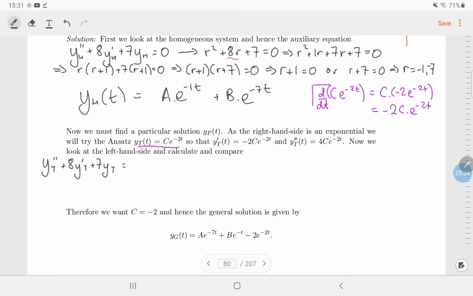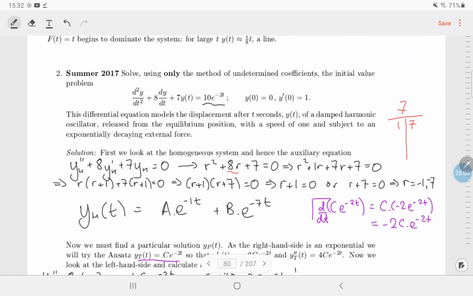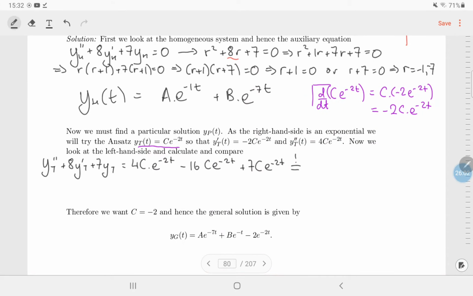So the second derivative of the trial solution is 4c e to the minus 2t, plus 8 times the first derivative. So that's 8 by minus 2c, that's minus 16 c e to the minus 2t, plus 7 times the trial, so that's 7c e to the minus 2t, and we want this to equal 10 e to the minus 2t.